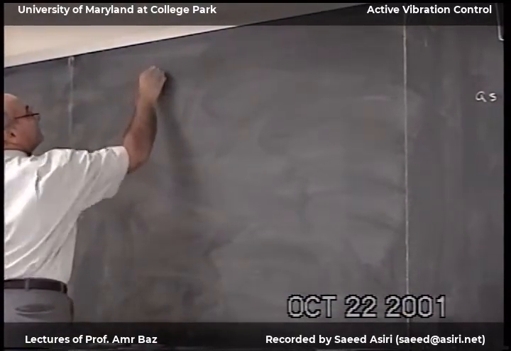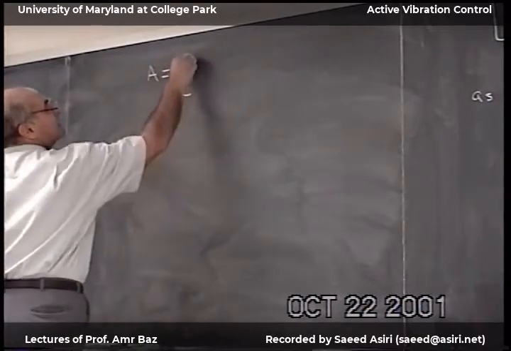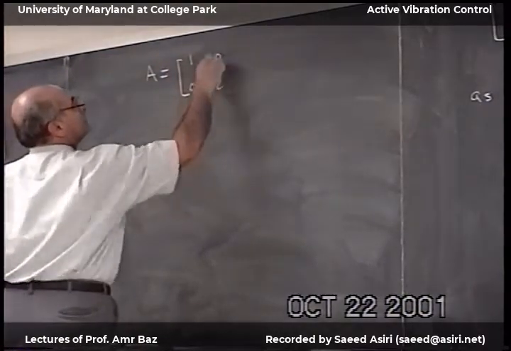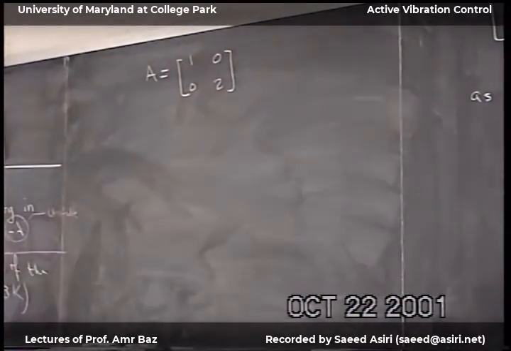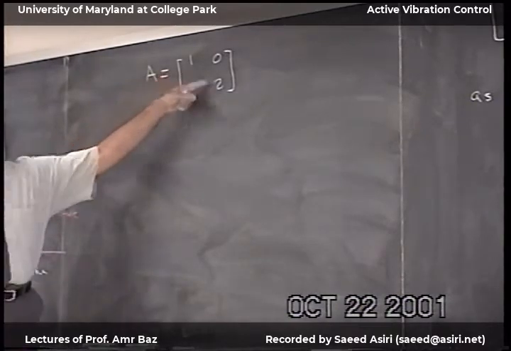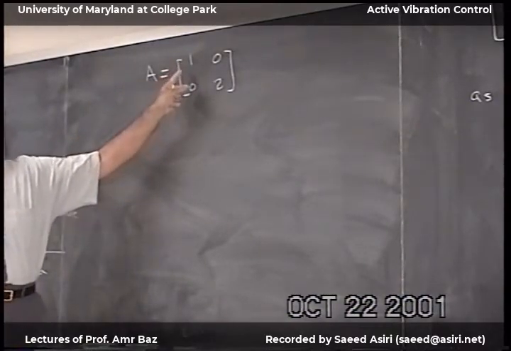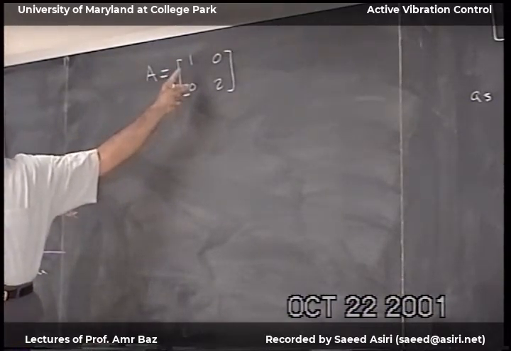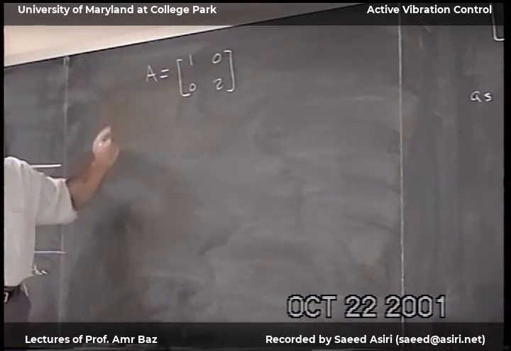For example, if I have a matrix A has 1, 0, 0, and 2. This is very easy, but if this is the matrix, then the eigenvalues are 1 and 2. Okay? If I transpose this matrix, it still has the same eigenvalues. Why?